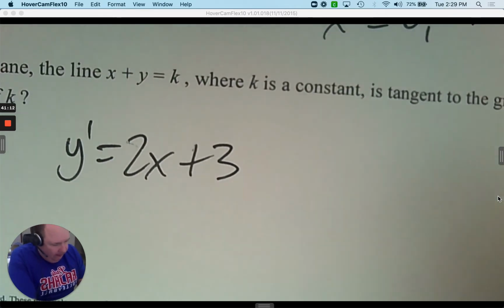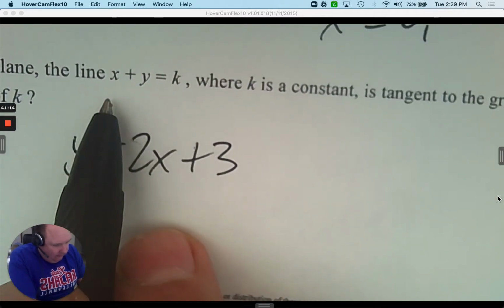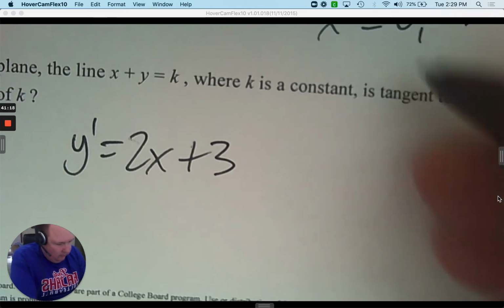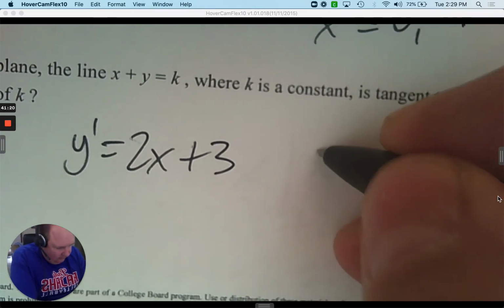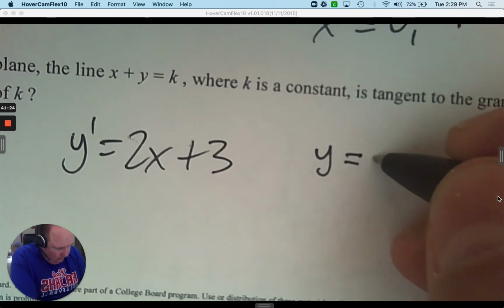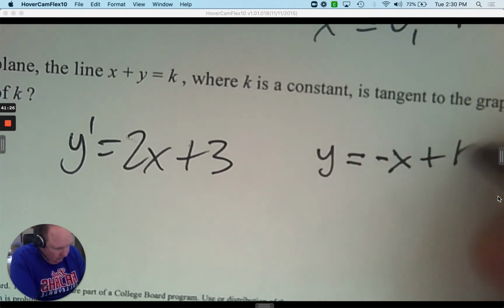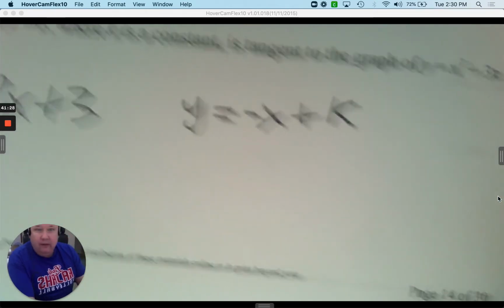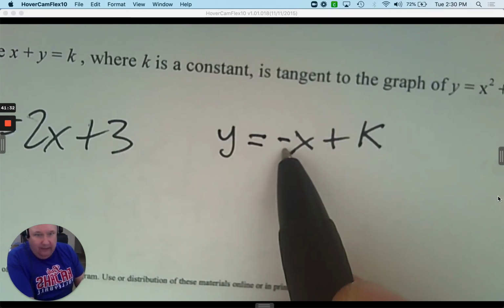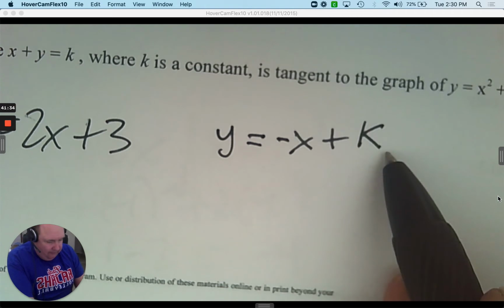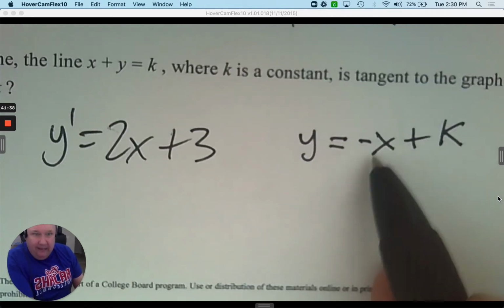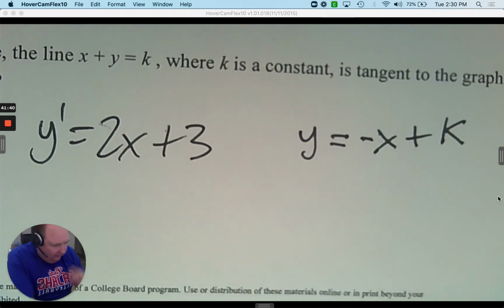If I rearrange this, the slope of this line, y equals negative x plus k, I get the slope to be negative 1 if that's the tangent line.